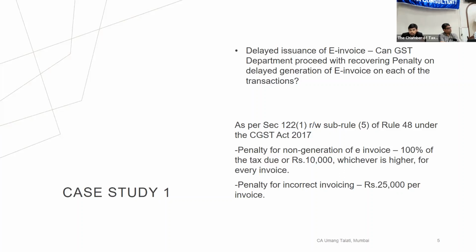Now, for a tax invoice to be in place, the prescription is the content should be as in 46, and the manner of issuance for invoice is under 48. 48.5 states that if e-invoice is applicable to you and you issue an invoice without following the invoice manner, then whatever you have issued is not an invoice at all. So in that case, you will be in violation of 46 and 51 and therefore 122.1.